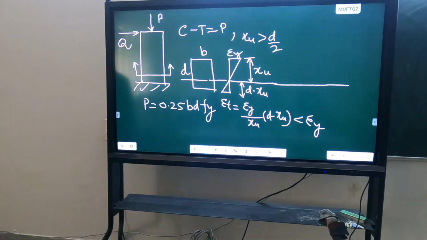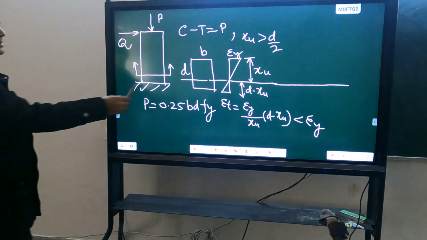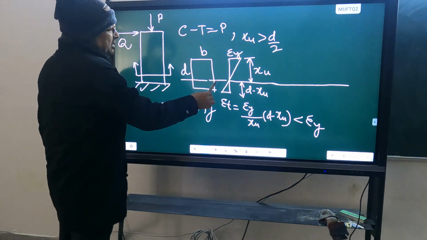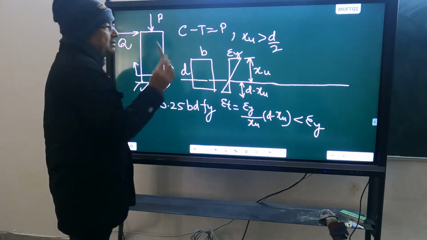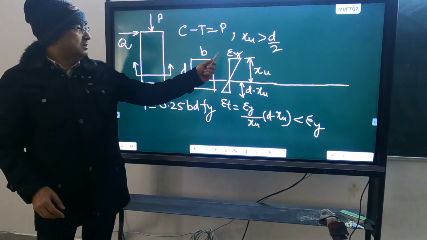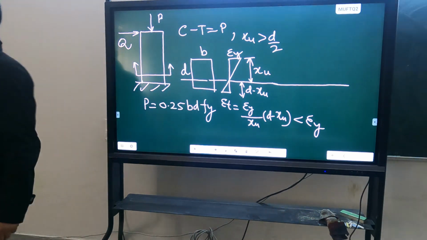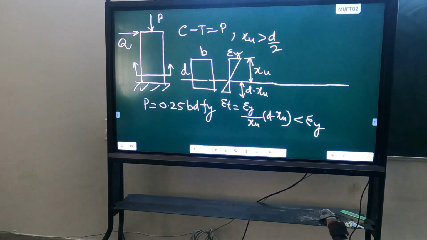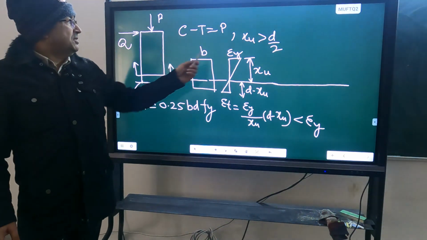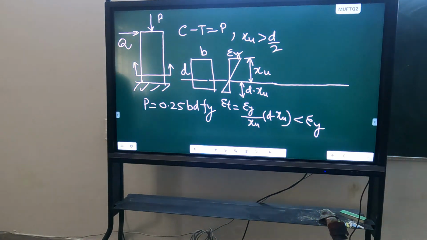And if xu is greater than d by 2 and the strain diagram is linear, you can say that for any value of epsilon, the compression side strain is going to be more than the tension side strain, so the compression side fiber is going to yield first. So that's why at first yield we are considering the extreme fiber on the compression side to have yield strain.